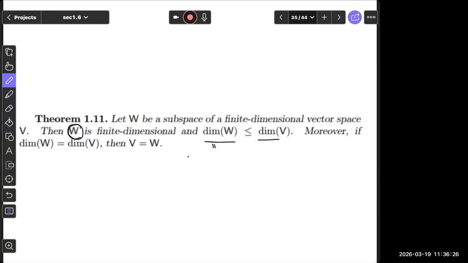So dimension is the maximum number of linearly independent vectors.